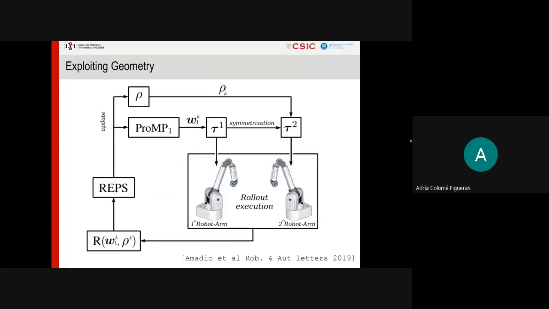Using this master and slave behavior, we substituted all the parameters of the motion policy of the second arm by just the parameters of the symmetry manifold. In the case of a plane, it's just 4 parameters.